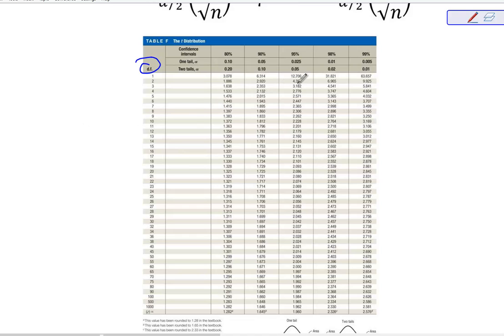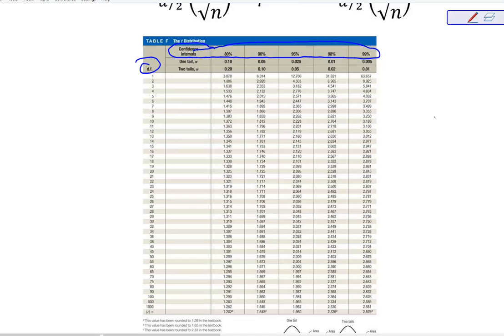For the confidence intervals, we have 5 that we're going to use: 80, 90, 95, 98, and 99% confidence levels. And all we do is look at this top row for which confidence level we want, find our degrees of freedom, and go over and see where those intersect, and that will be the t value that we use.